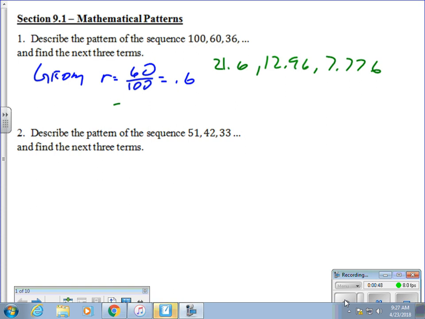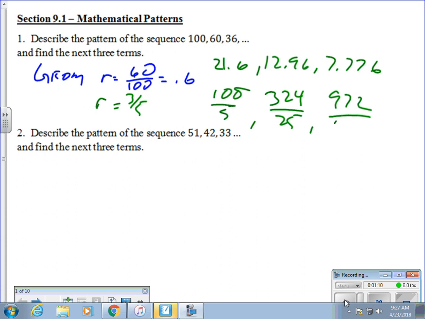Or you could get R equals 3/5 and do it as a fraction, and you get 108 over 5, 324 over 25, or 972 over 125. If you did it as a fraction rather than as a decimal, I have both answers here.